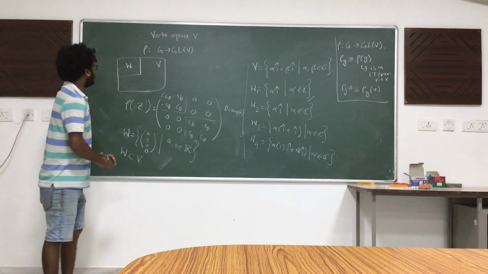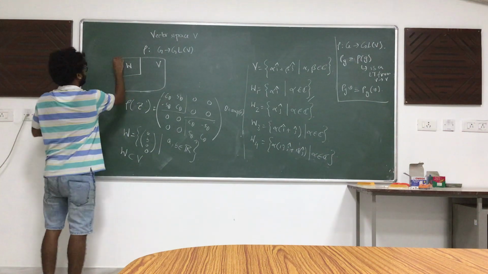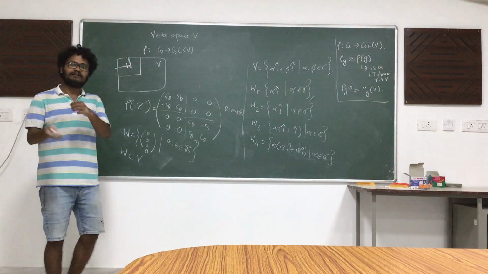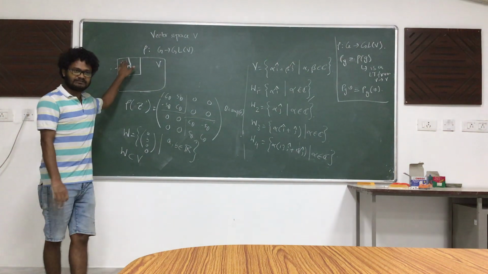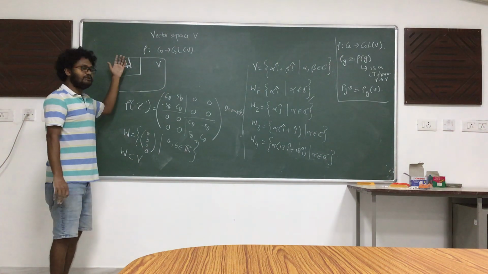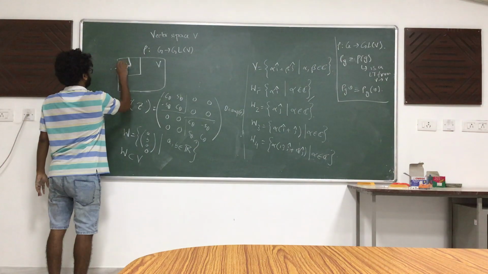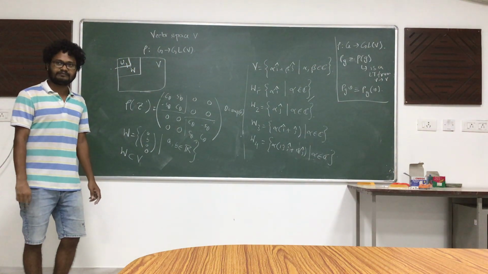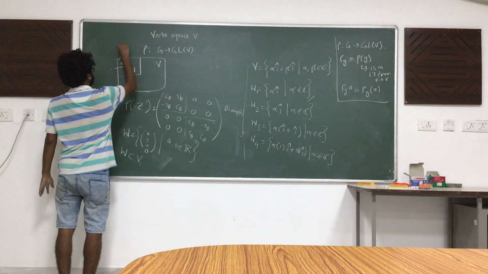Fine? And if W is a sub-representation, it might be possible that W itself can again be broken down into a smaller sub-representation. Let us say this is U, this is W. At some point this process will stop, and that stopping point will be called an irreducible representation.